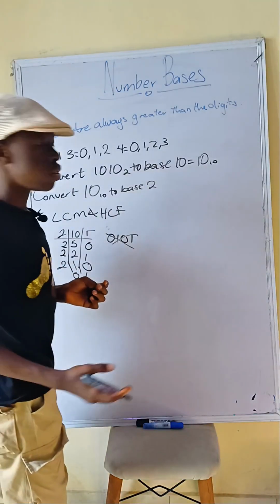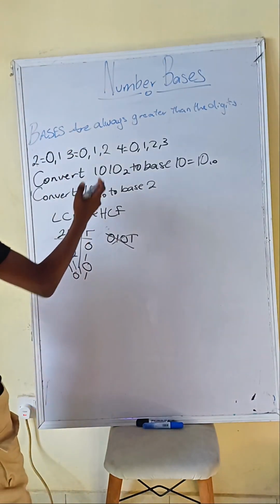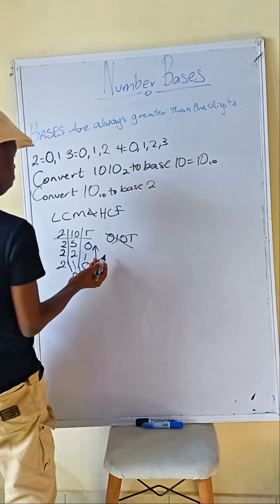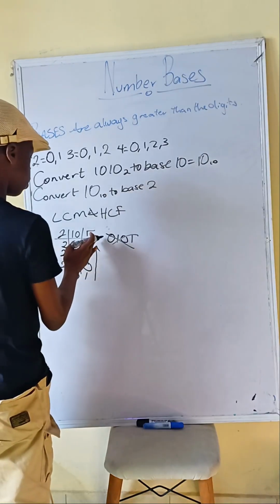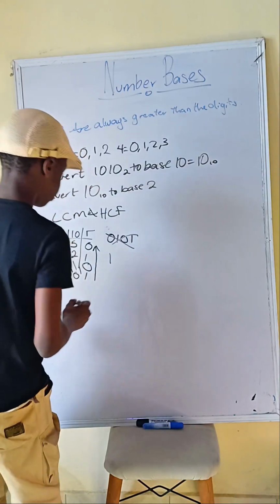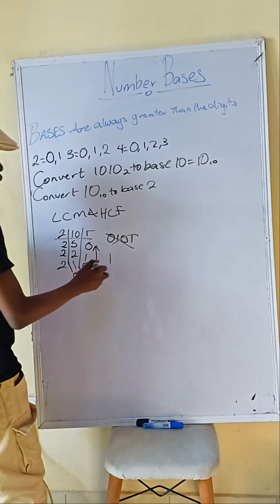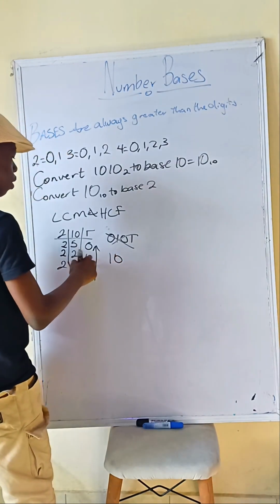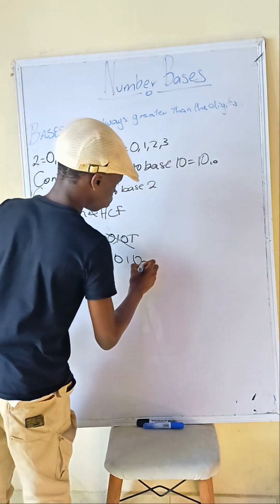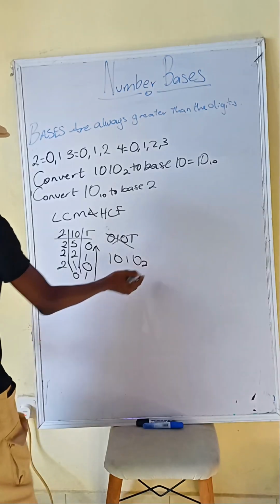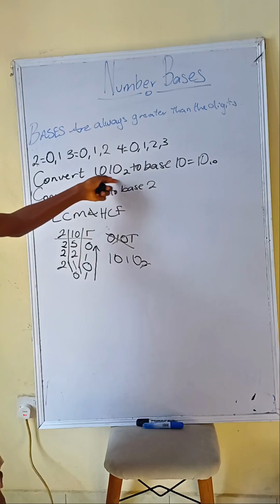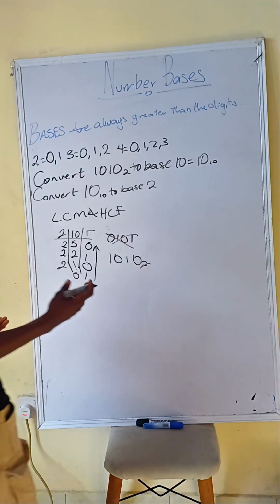So when we want to turn it to base 2, we're going to count from the bottom up. So instead of starting from 0, we start from 1. 1, then 0, then 1, then 0. Base 2. So didn't we get the same answer? 1, 0, 1, 0, base 2.